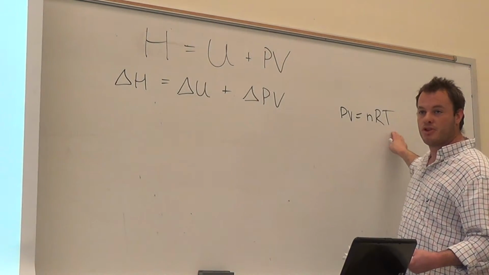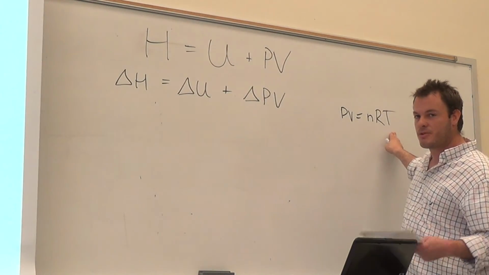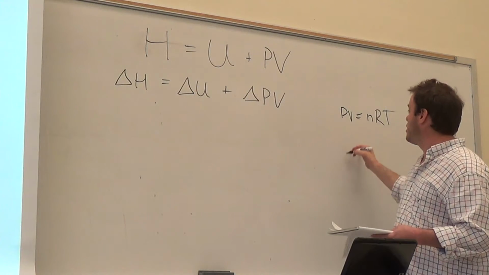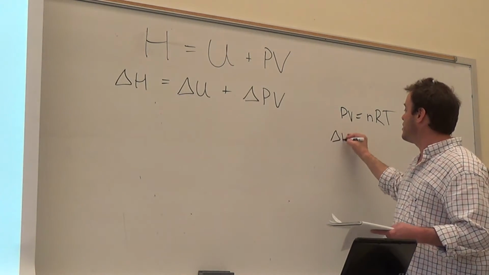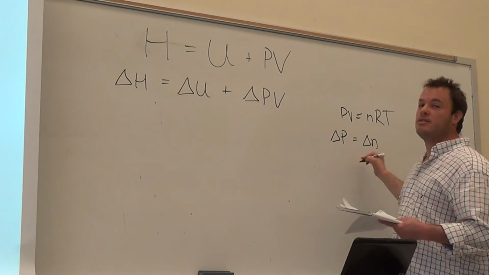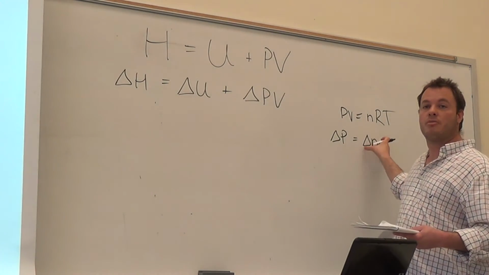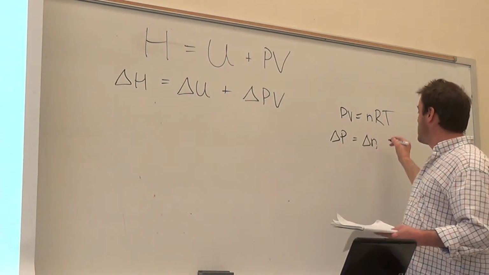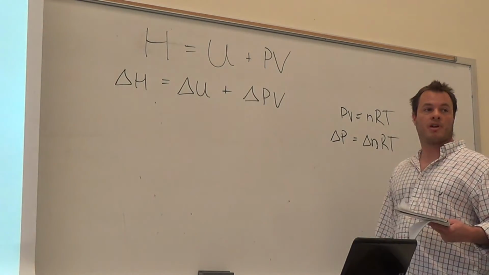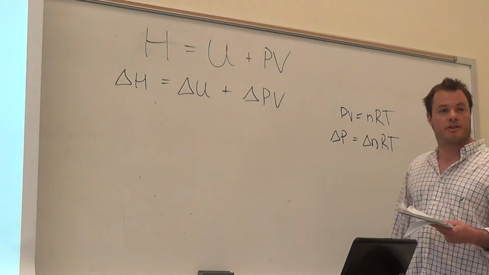If we assume the temperature doesn't fluctuate very much in the process, which isn't always the greatest assumption, but for these it's not a horrible assumption, we can say that delta PV is equal to delta n, and right now we're referring to the number of molecules in the gas phase, times RT. You're going to see this coming up a lot in your homework problems.